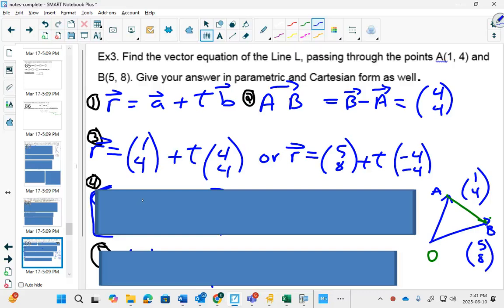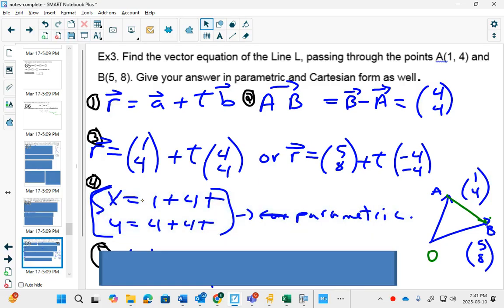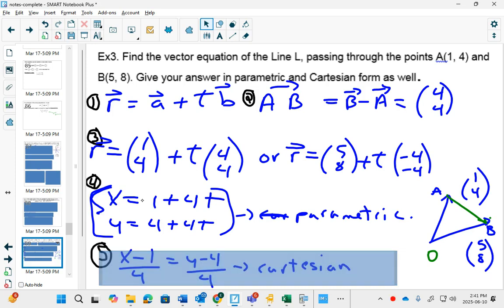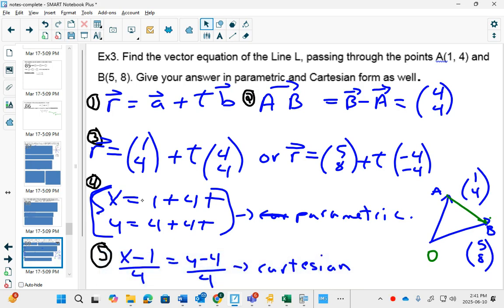So any direction vector that would go in that direction, any multiple of it, is fine, because that's what this scalar in front does. So you have lots of options. So now that we've got that equation, we can write the parametric, just looking at the x-coordinate stuff, and our Cartesian by getting the t by itself and making the two equal to each other.